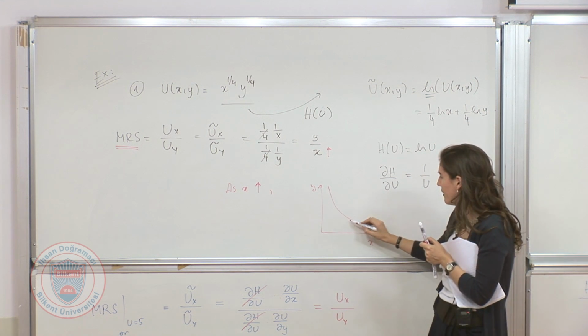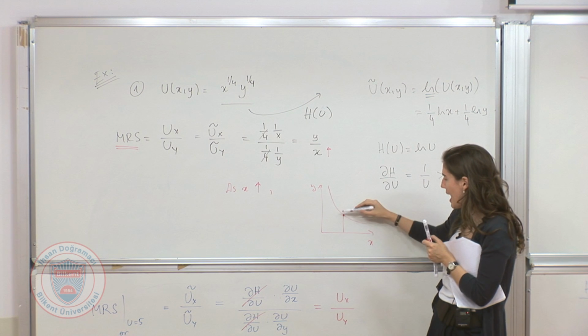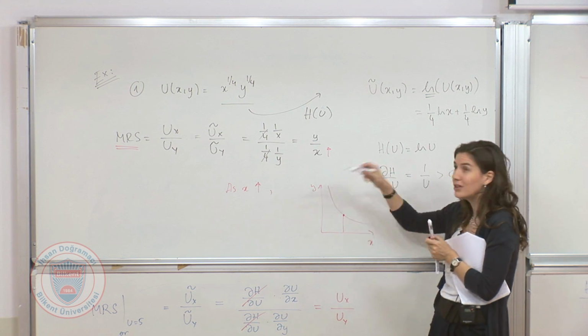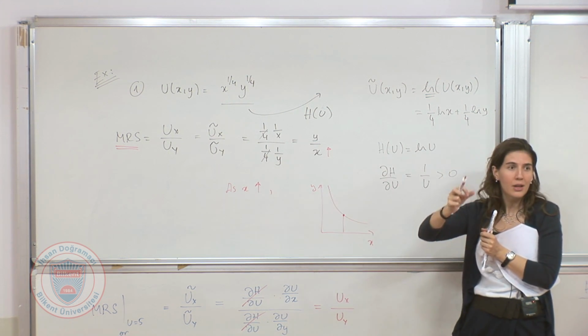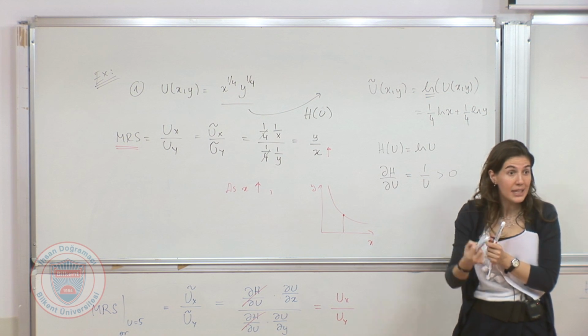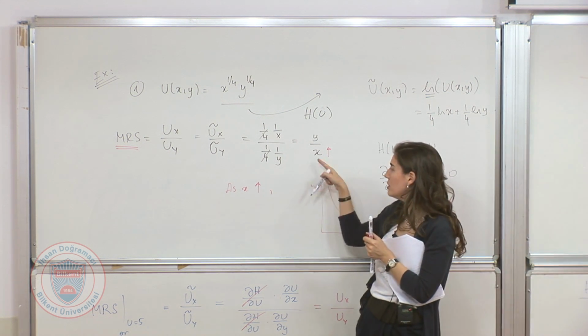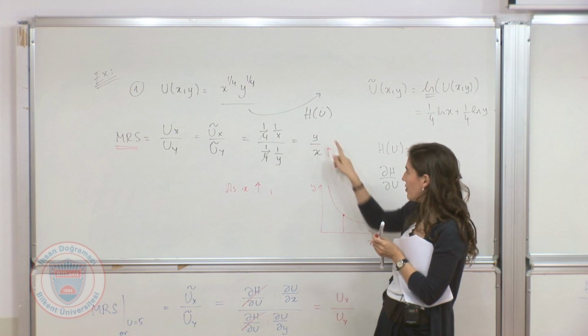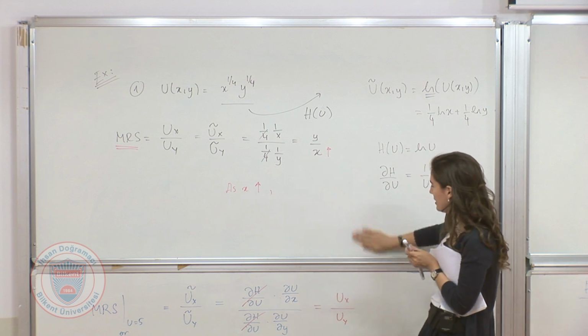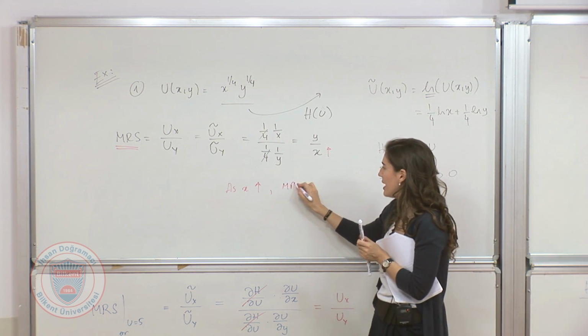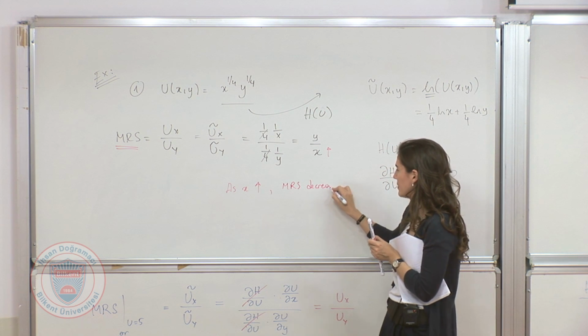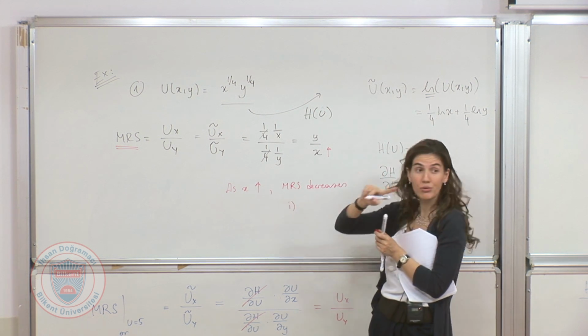If I'm changing x, then to keep utility the same, y should be decreasing, right? So let me write this: MRS decreases, but due to two reasons.